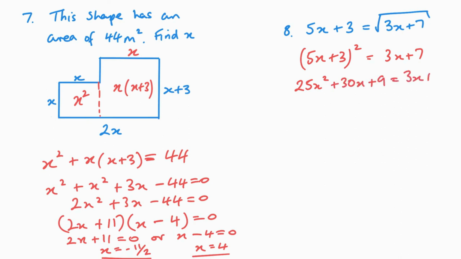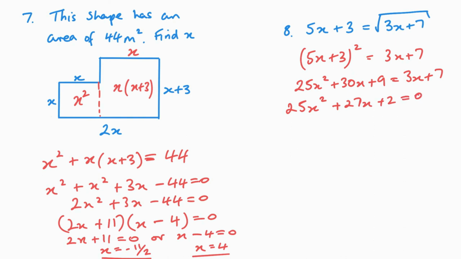Equals 3x plus 7. So we have 25x squared, take away the 3, plus 27x, take away the 7, plus 2 equals 0.